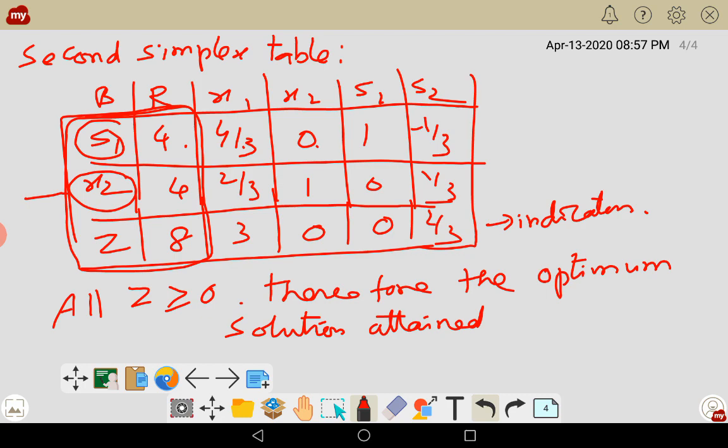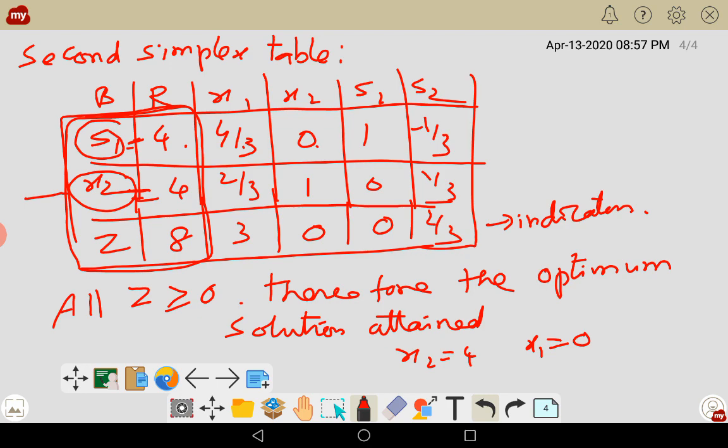We don't have x1 here, only x2. So x2 is 4, x1 is 0, because x1 is not available in the basis, right? So x1 is 0, x2 is 4, taken from here. s1 we don't want, s1 is a dummy variable. So x1 is 0, x2 is 4, we don't want s1, s2.